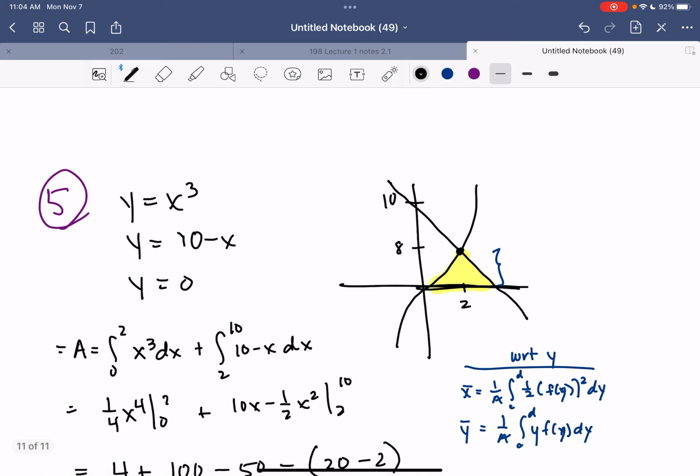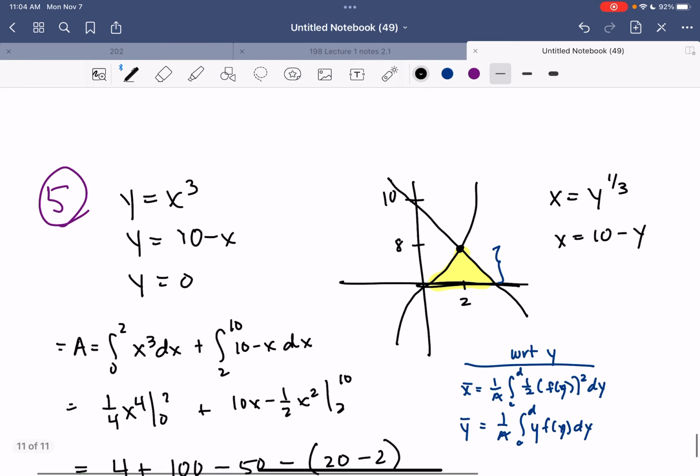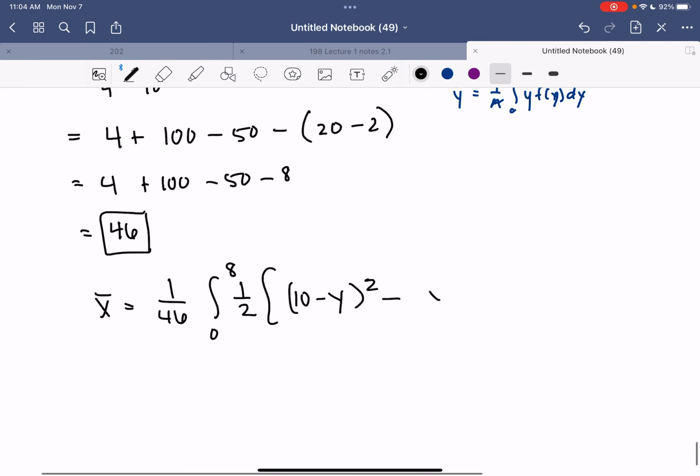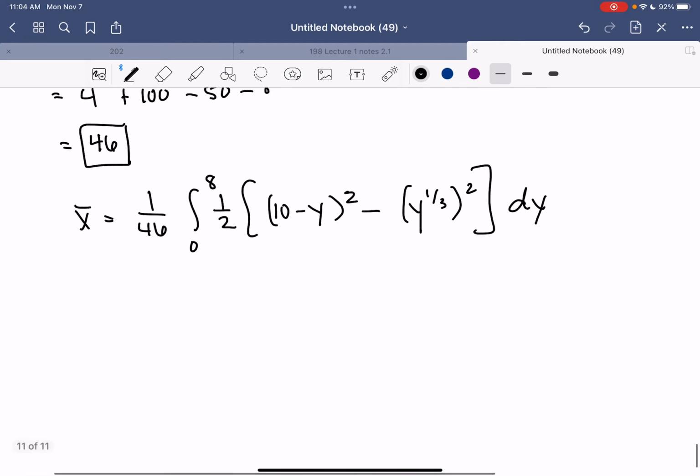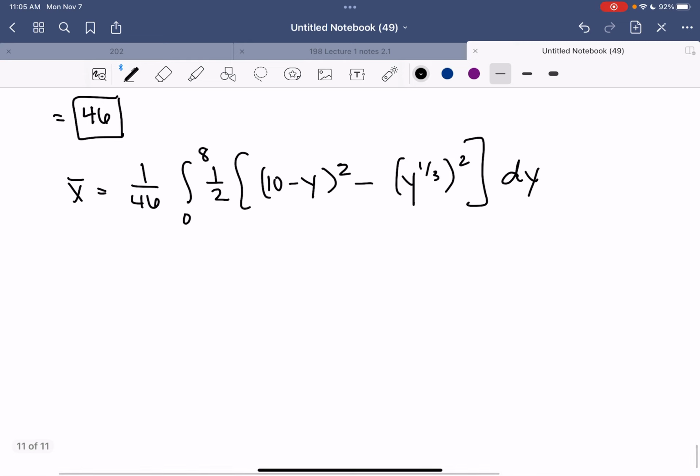And keep in mind, this is x equals y to the 1/3, and this is x equals 10 minus y. And so your rightmost function is the line 10 minus y, and your leftmost function is the y to the 1/3. And they each get squared before you subtract. Okay, and you're going to go ahead and simplify and integrate and get your answer.